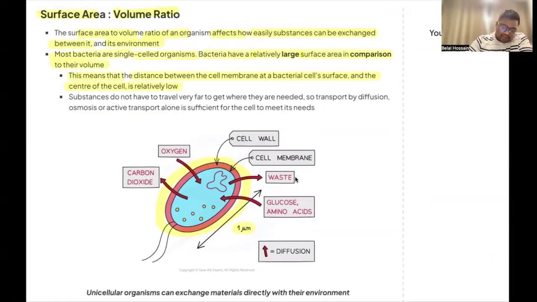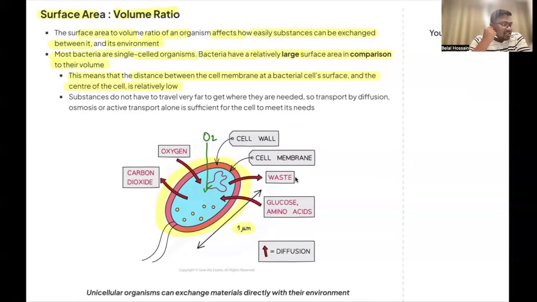So the distance for oxygen to go from outside the cell to inside the cell is relatively low. If you were to consider human cells, even in the place where we have the flattest, like imagine this earlobe, this is quite flat, right?